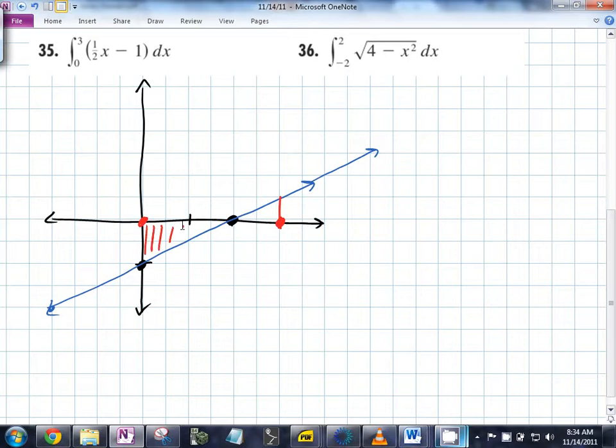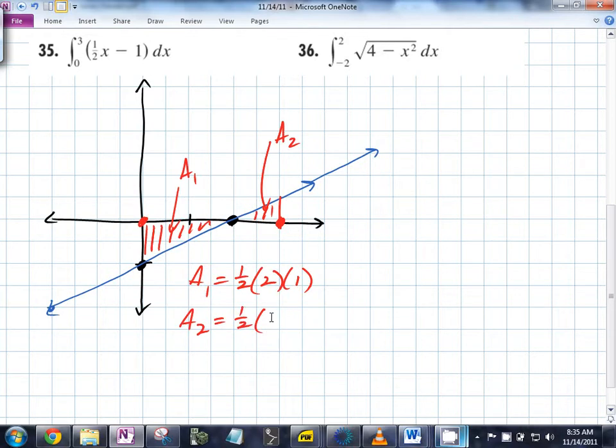Let's call that one A2, and we'll call this one A1. They find the area of a triangle: 1/2 base times the height. What's A2 equal to? 1/2 base times 1/2. So that's going to be equal to 1, and this is going to be equal to 1/4.